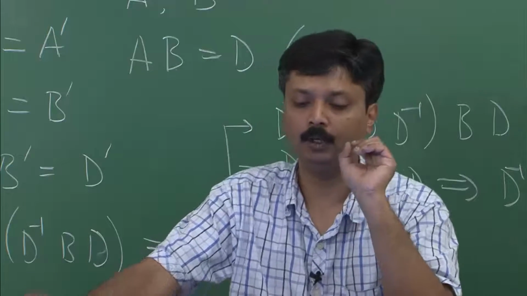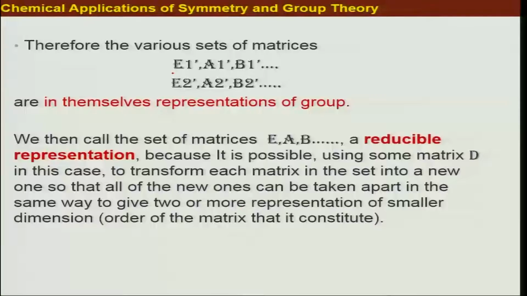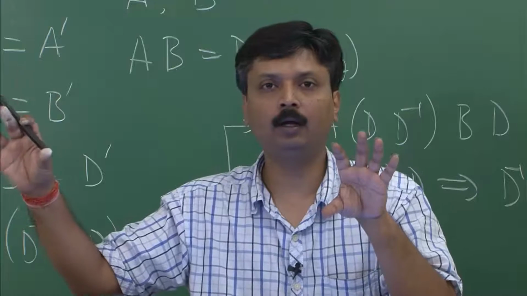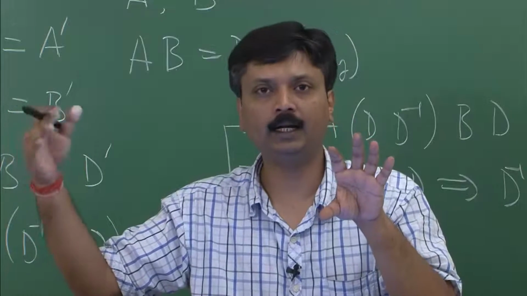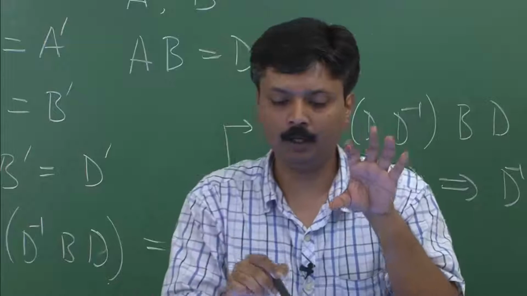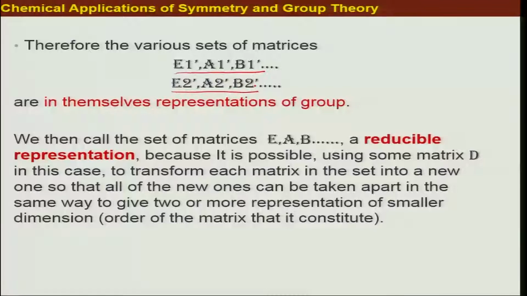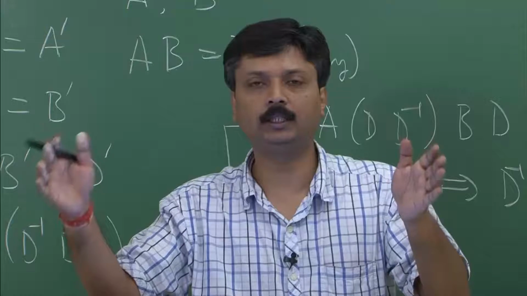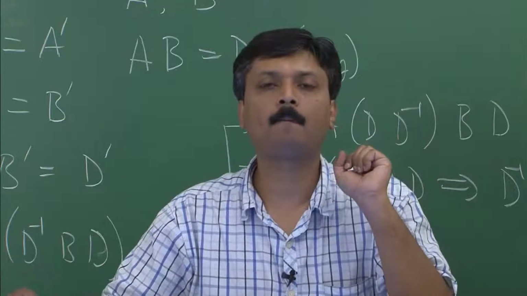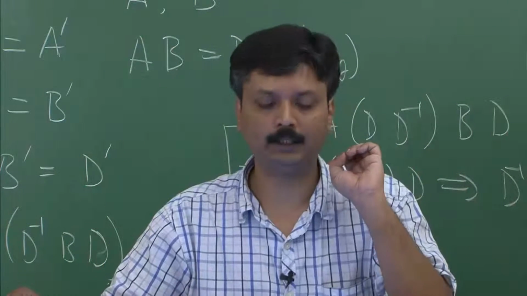So for example, E1 prime, A1 prime, B1 prime, they are just the blocks taken out from each of these matrices that are formed out of similarity transformation. So another set is E2 prime, A2 prime, B2 prime, and so on, E3 prime, A3 prime, B3 prime, and so on. So each of these sets of blocks are also representations.